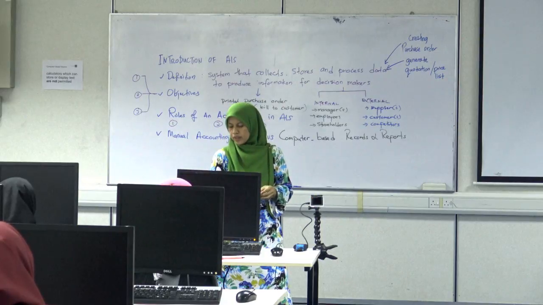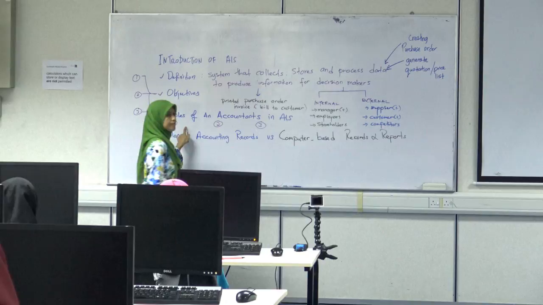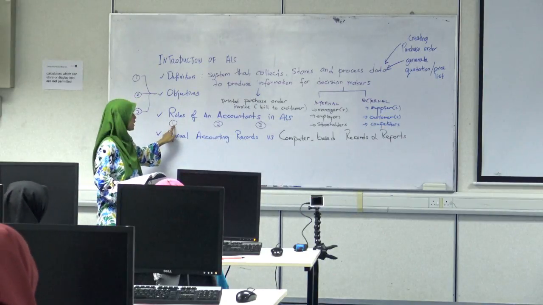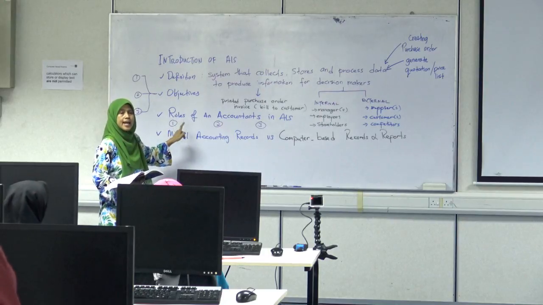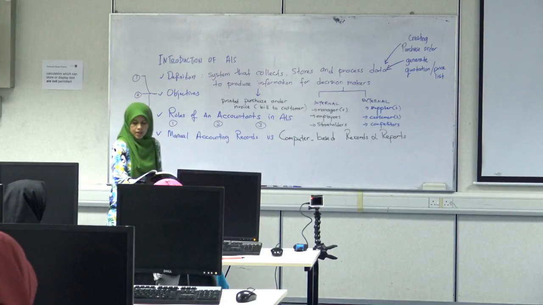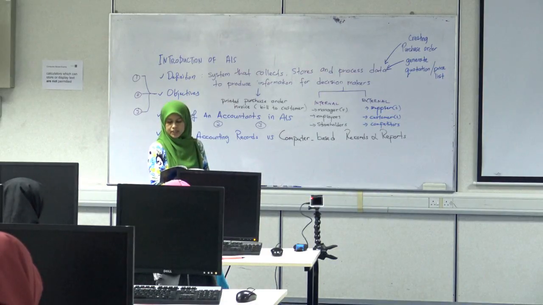Okay, so the first role of the accountant is as a system user. So here, accountant as a system user. So an accounting information system processes financial transactions.